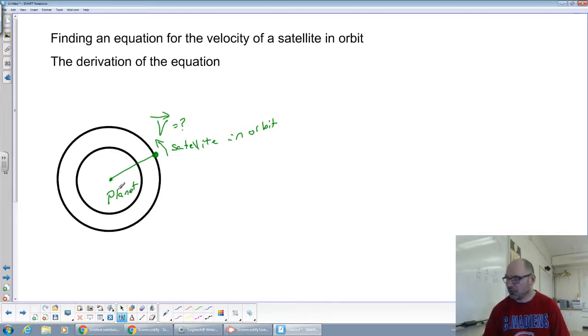So first thing we know is that the acceleration due to centripetal motion is v squared over r. And this is the velocity of the satellite to stay in orbit.